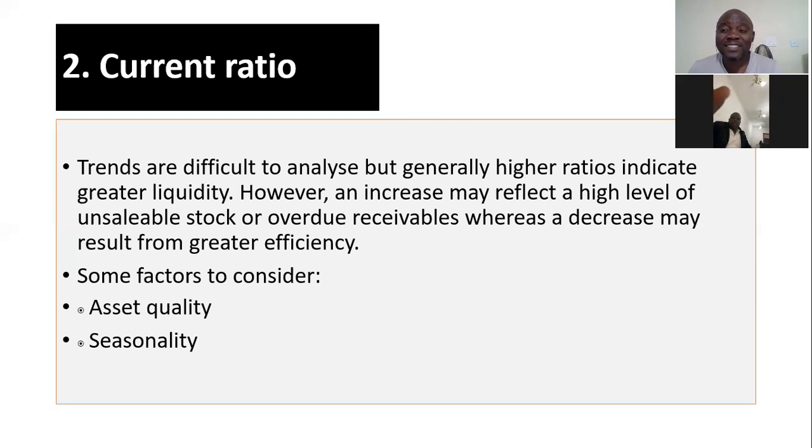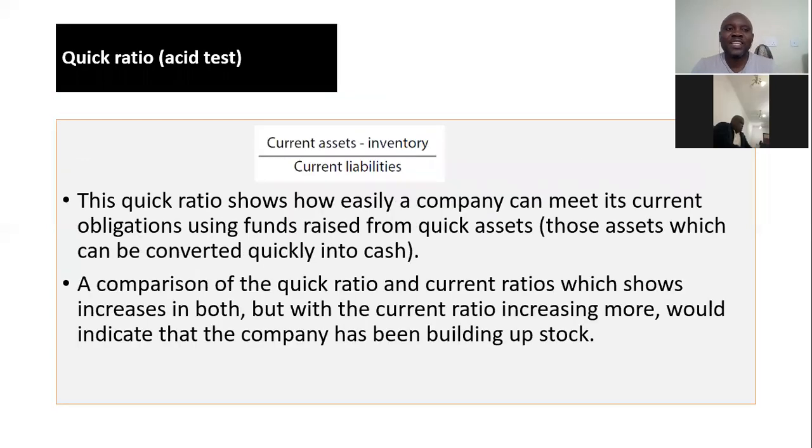The acid test ratio is still a current ratio which has been upgraded, where now you're removing items that you think are not easily convertible into cash, such as inventory. So then you look at the quick ratio, which is basically the acid test ratio.